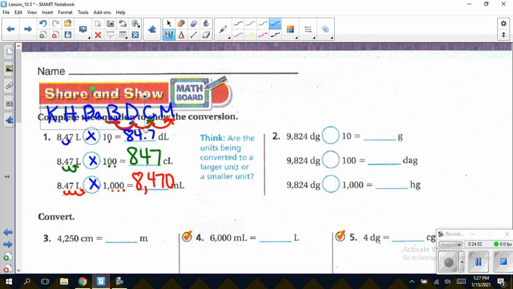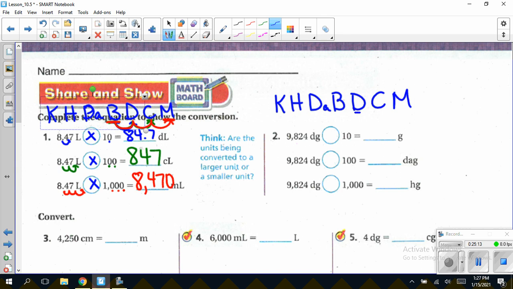For question number 2, again, write that King Henry died by drinking chocolate milk. And notice that for the first conversion number, we are working with 9,824 decigrams.